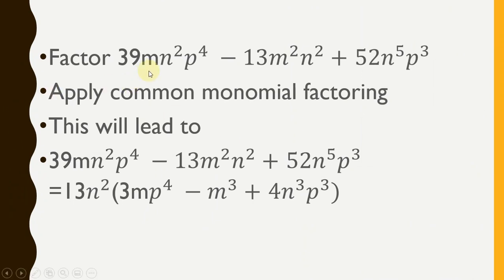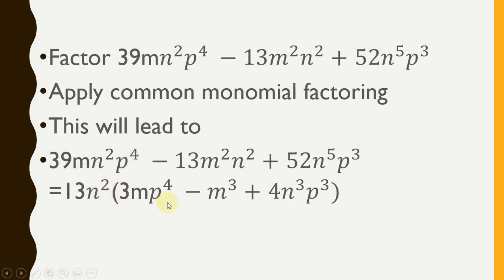Factor 39mn squared p to the 4th minus 13m squared n squared plus 52n to the 5th p cubed. Apply common monomial factoring. Since the GCF of the given is 13n squared, we need to divide the first term, 39mn squared p to the 4th, by 13n squared.